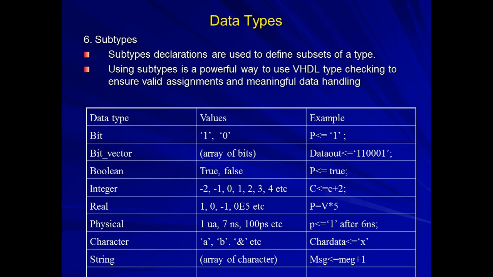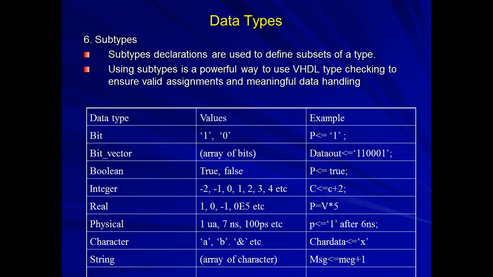Then boolean is another data subtype which has value either true or false, and we can assign P is assigned true. Integer: all the integer values are included here, negative and positive. Example, C is assigned C plus 2.